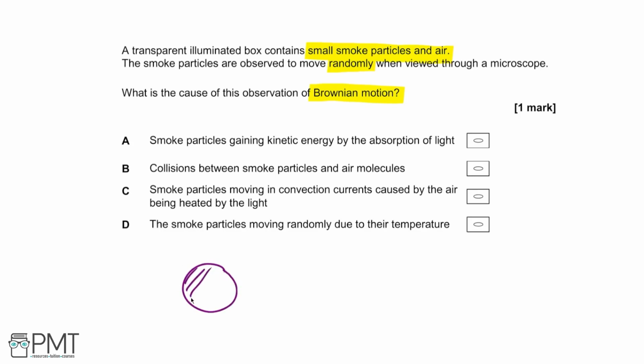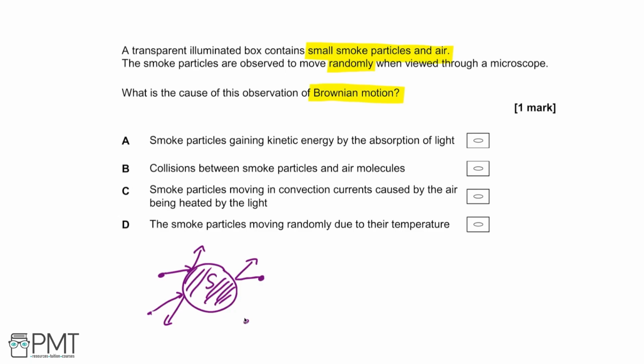Specifically, if I have a large smoke particle, and I have several much smaller air molecules that are all around it, then through the random motion of the air molecules, which we know happens in a gas, they'll collide with the smoke particle, come off. Since they collide with the smoke particle, their momentum has to change. And because there's a change in momentum over a time, it means that a force is exerted on the particles.